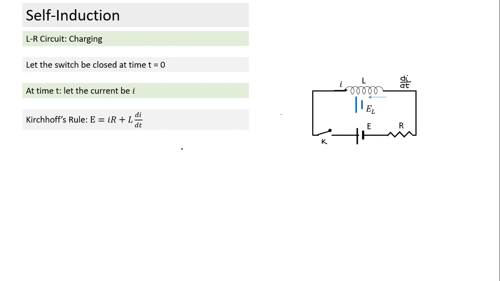This equation has two varying terms, current and time, so I can solve this differential equation for current and time by integration, very similar again to the RC circuit. Let's rearrange this term: E minus IR is equal to L dI by dt.